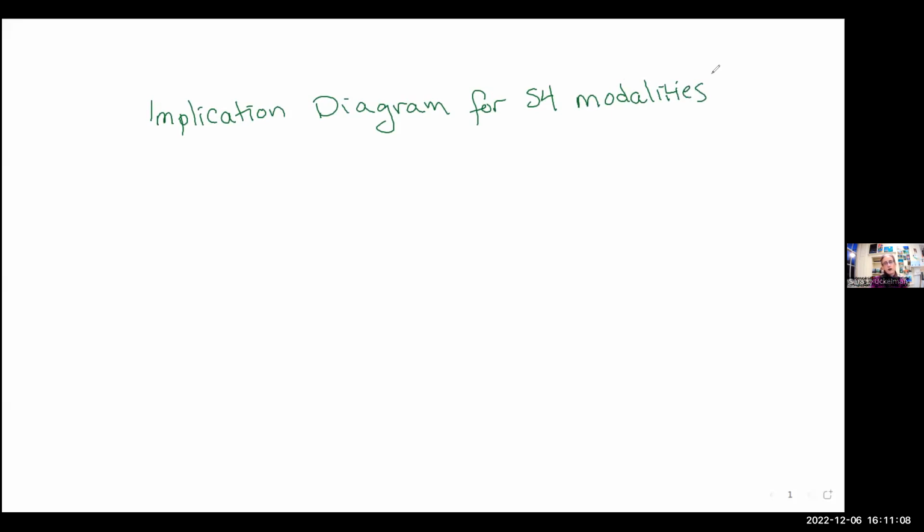I will show you this via an implication diagram for S4 modalities. So what this is, going from the strongest modality to the weakest, which one, if it is true, implies what other ones have to be true. So naturally, the strongest modality is necessity.